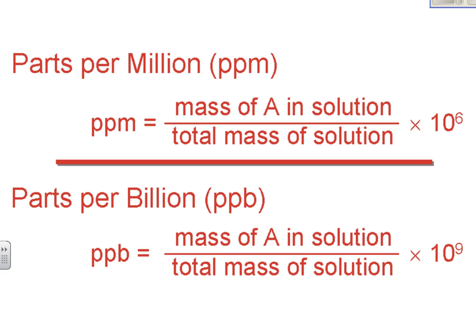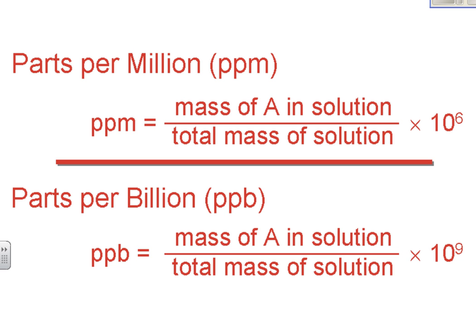Parts per million and parts per billion, oftentimes we see this in different environmental applications. For instance, the amount of lead in groundwater or soil samples, because they're in very small amounts, and the amounts are potentially more of a problem in those smaller amounts.